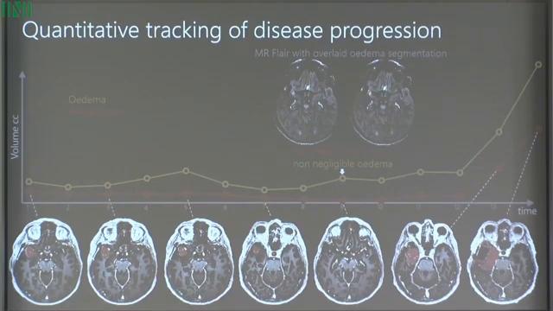When we start plotting this on a graph, we can start looking at very different patterns. We can see that at time point 9, the enhancing tumor, which is the lower graph, seems to be stable, but the edema has started to increase, and this could be a signal that the disease is progressing, for example. And in this case, this is what is happening, and the tumor recurs, and this is a bad outcome for the patient.